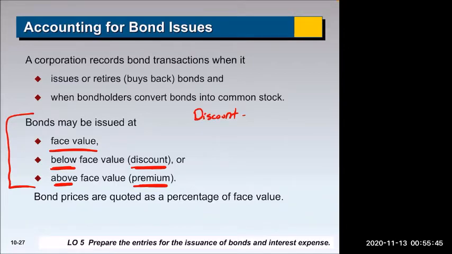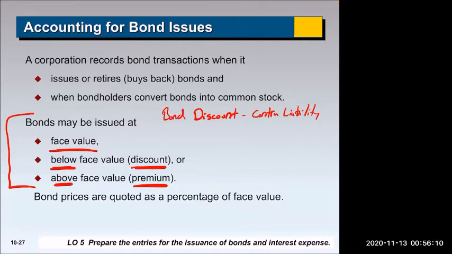A discount is a contra liability account. We're actually going to have an account called discount on bonds. It's a contra liability. Now we had sales discounts and stuff. That was a contra revenue. This is a bond discount account. It's a contra liability.